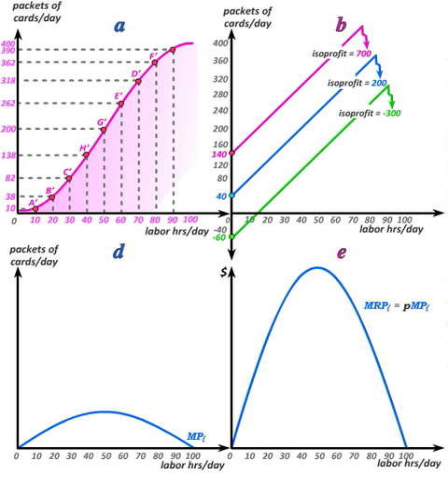In panel E, we illustrate this marginal revenue product of labor, which is simply 5 times the marginal product of labor when the price is equal to 5, and thus the same as the marginal product curve, except it's scaled up by 5 times.